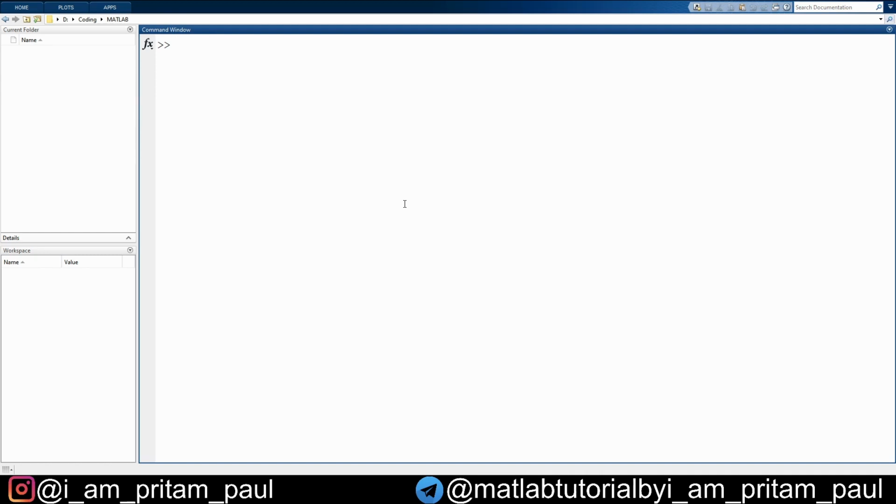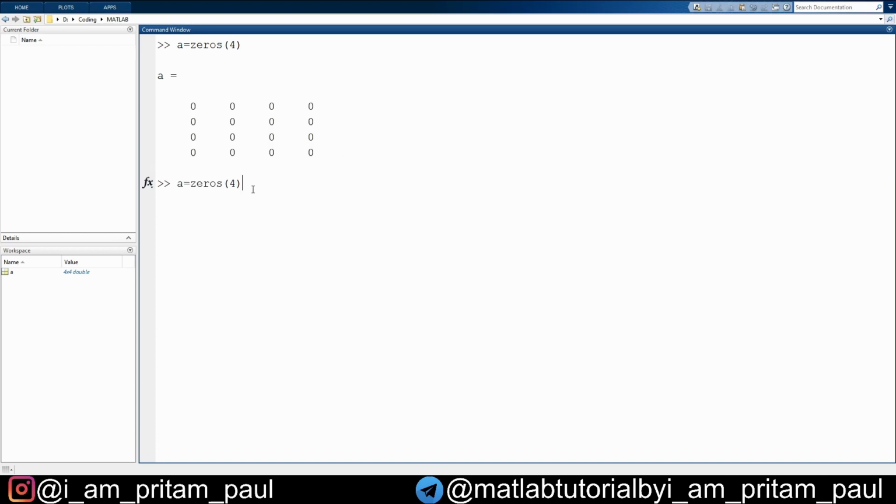First of all, to describe the zero matrix, let me consider A equal to ZEROS. Zeros is the command for the zero matrix. Now you have to describe what will be the size. For example, if I write 4 and then press enter, you can see that it is a 4 by 4 matrix and all the elements are 0.